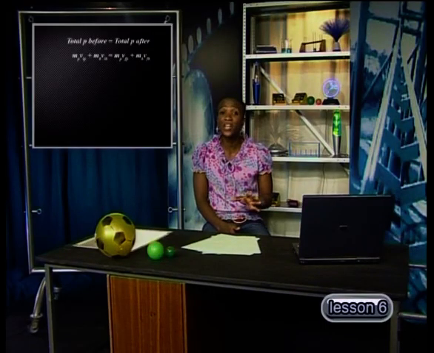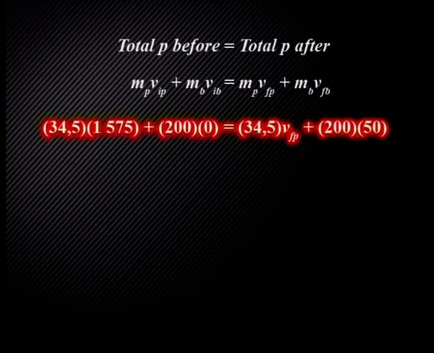Substitute in the information we know. 34.5 times 1,575 plus 200 times 0 is equal to 34.5 times the projectile's final velocity plus 200 times 50.